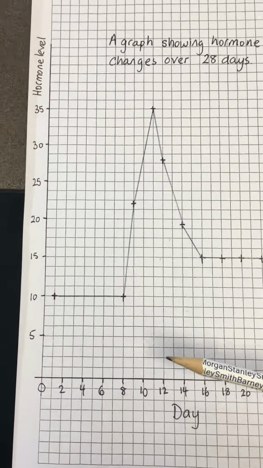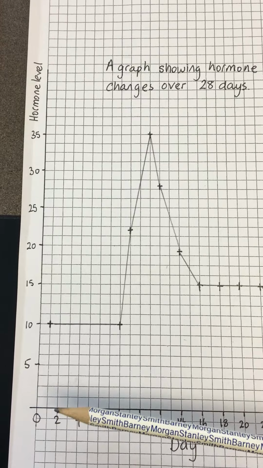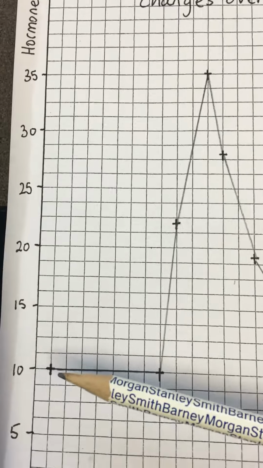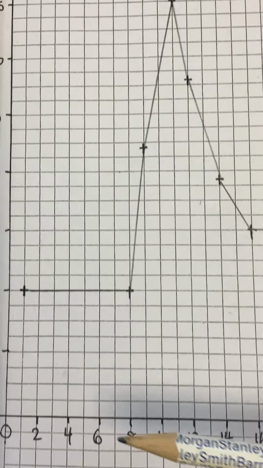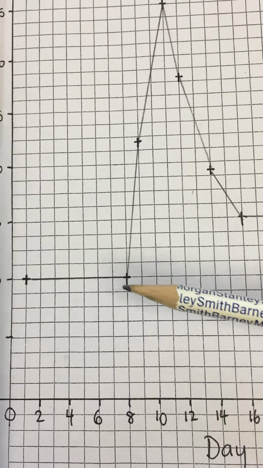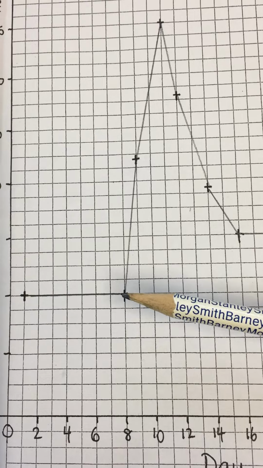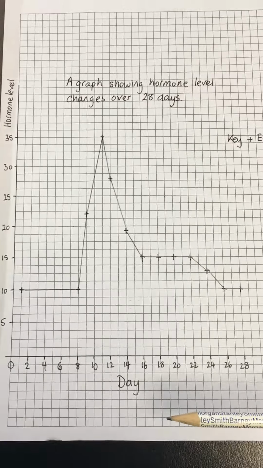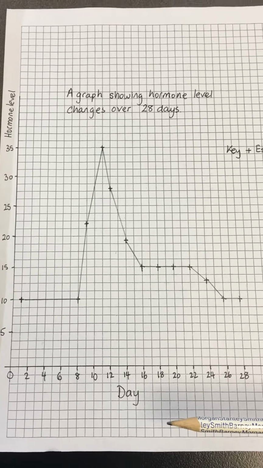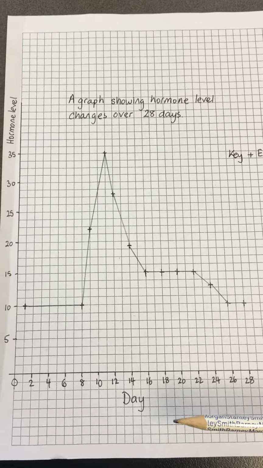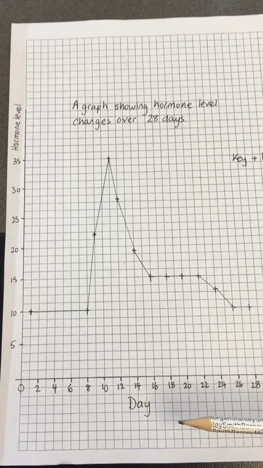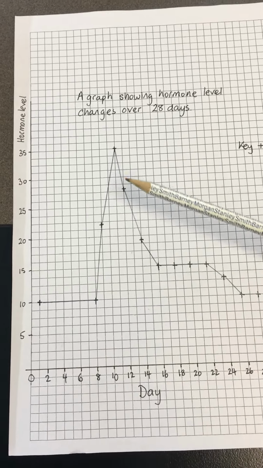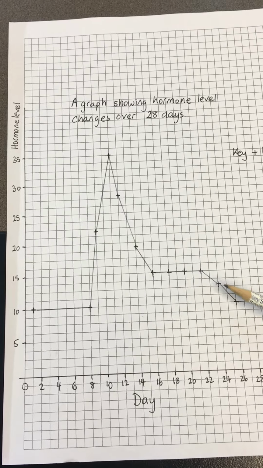Now when I've plotted my points for day number 1, it was 10, so I've put a neat little cross. And then for day number 8, it was 10 as well, so a neat cross. Now, sometimes we do a best fit line for graphs, but in this case, we are actually looking at hormone levels, and if we think about it, we are expecting to see low levels and changing levels, so we actually want to track the actual levels.